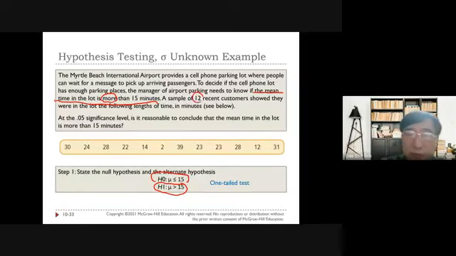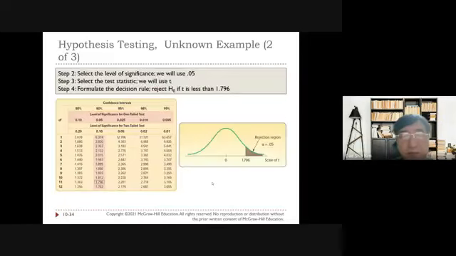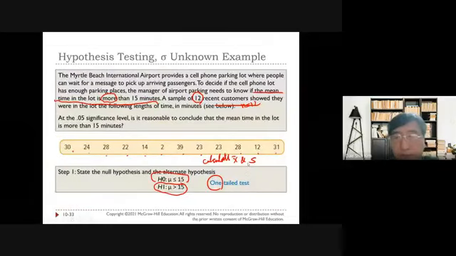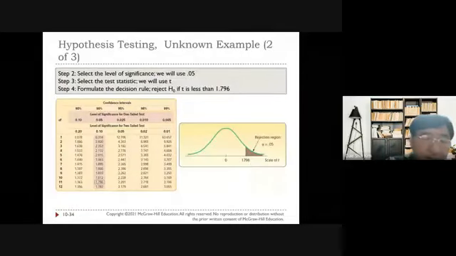He sampled only 12. N is 12. 1, 2, 3, 4, 5, 6, 7, 8, 9, 10, 11, 12 numbers. Okay, then we will calculate X bar and S. And also it's an inequality there, so it is a one-tailed problem. Sample size is 12, so degrees of freedom n-1 is 11.